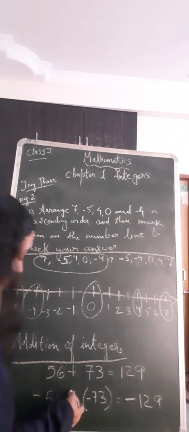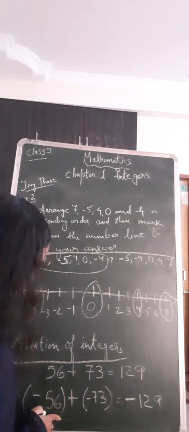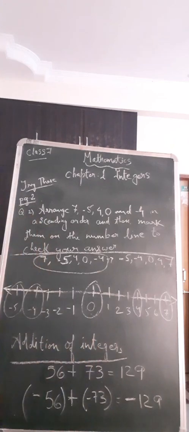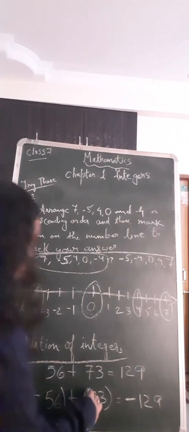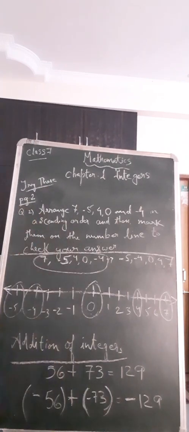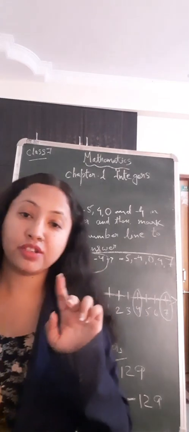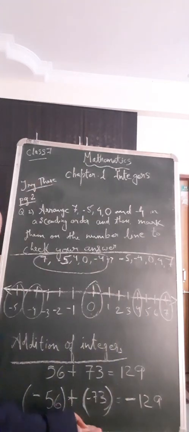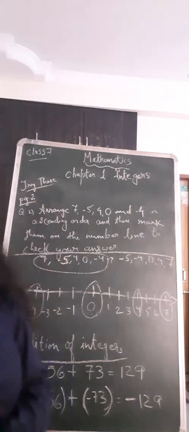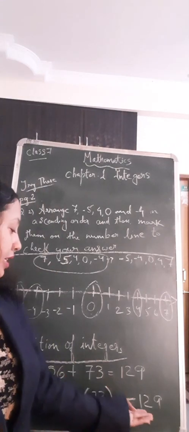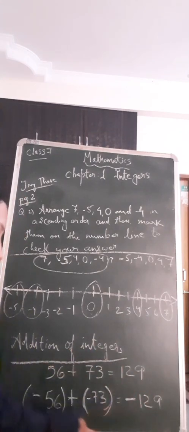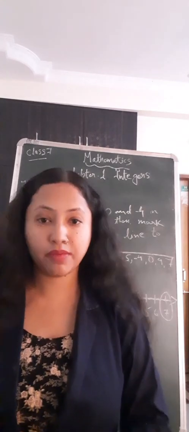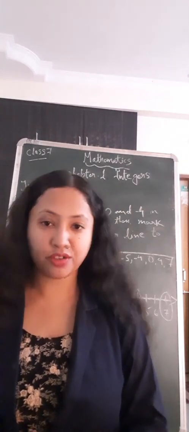Okay, so here children, see, minus 56 is getting added to minus 73, and since here we have two operation signs together, we have placed this minus 73 inside the bracket, because we never place two consecutive operation signs together, so they are separated by this bracket, children. Okay, so this is very basic addition of the integers, positive integers and negative integers. Okay, next we will be discussing the subtraction process.